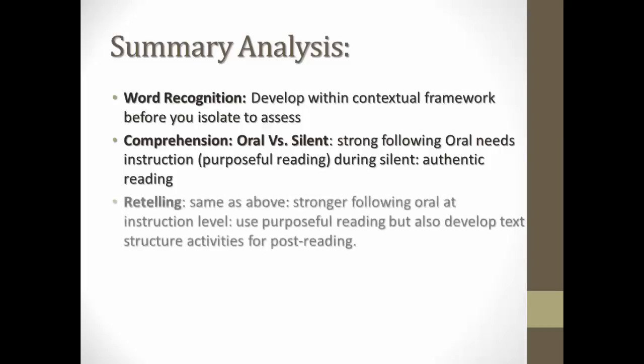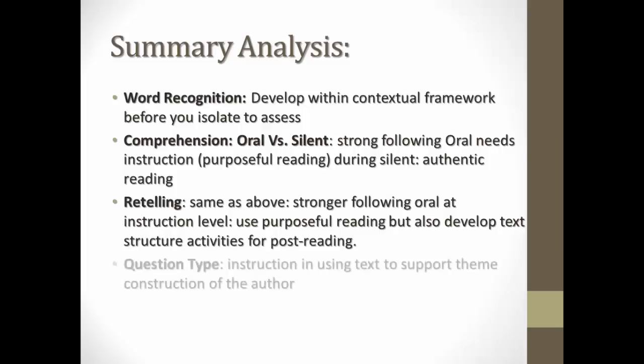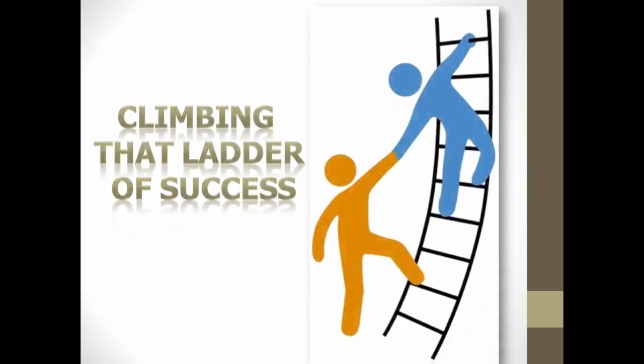Why? That's authentic reading. Retelling, same as above, much stronger following oral. So what were we going to do? Develop text structure as post-reading. Question type, we need to help her with inferencing, right? So we're going to have higher level inference questions.